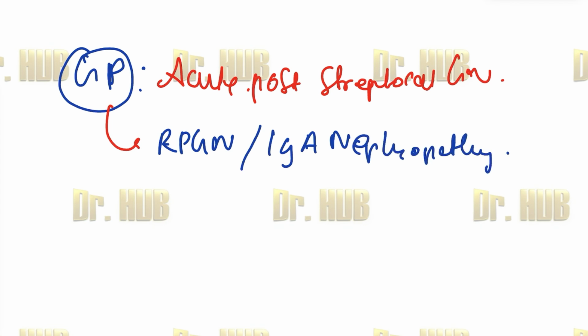In terms of the nephrotic, it was minimal change disease, FSGS, and membranous nephropathy. Whereas here it's acute post-streptococcal glomerulonephritis, rapidly progressive glomerulonephritis, and IgA nephropathy. Next comes membranoproliferative glomerulonephritis, as well as Alport syndrome.